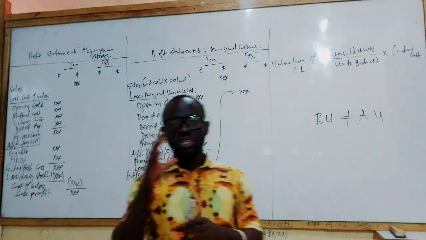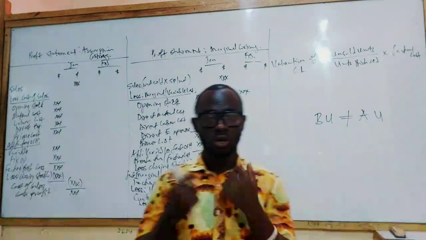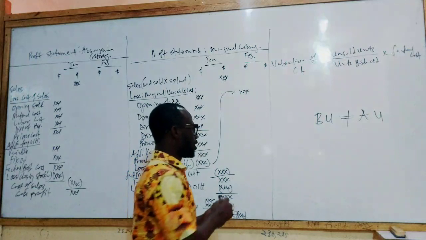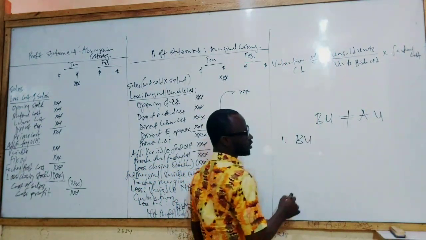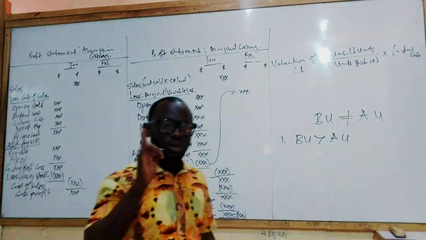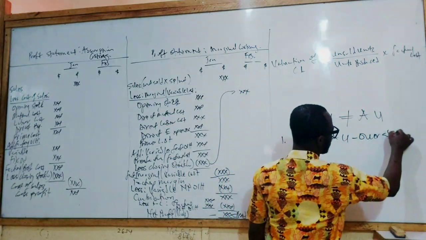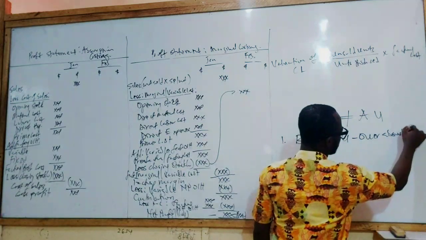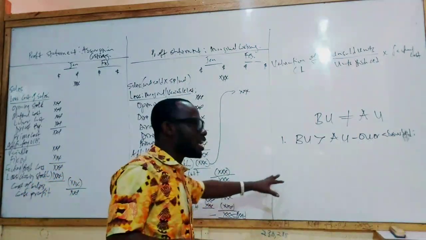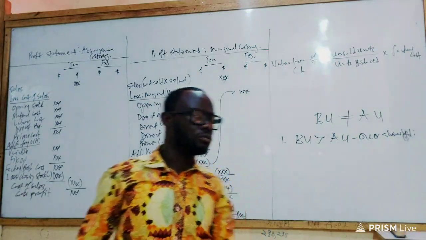Number one, if the budgeted units are more than the actual units that we produce, then we say that overheads have been over-absorbed.